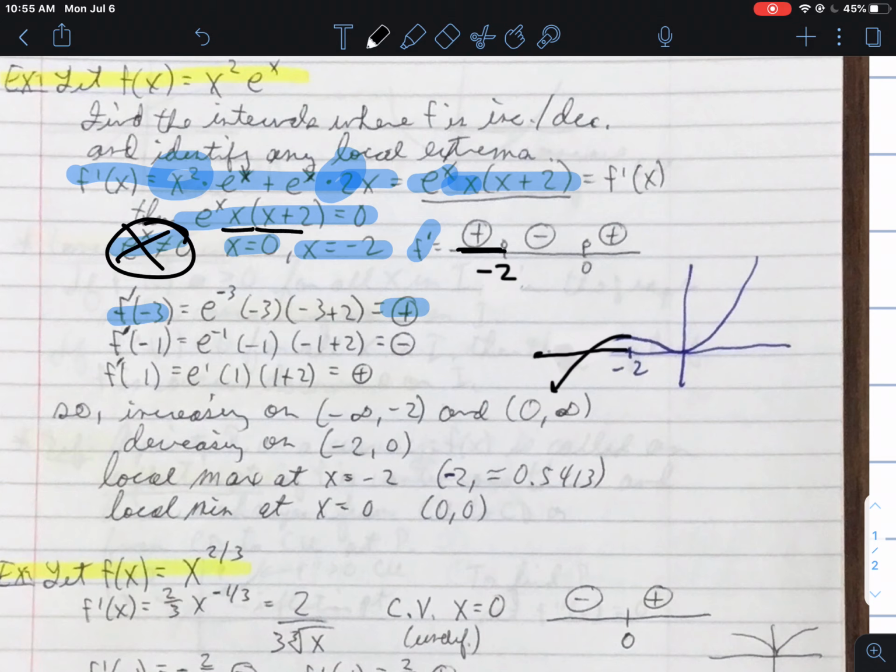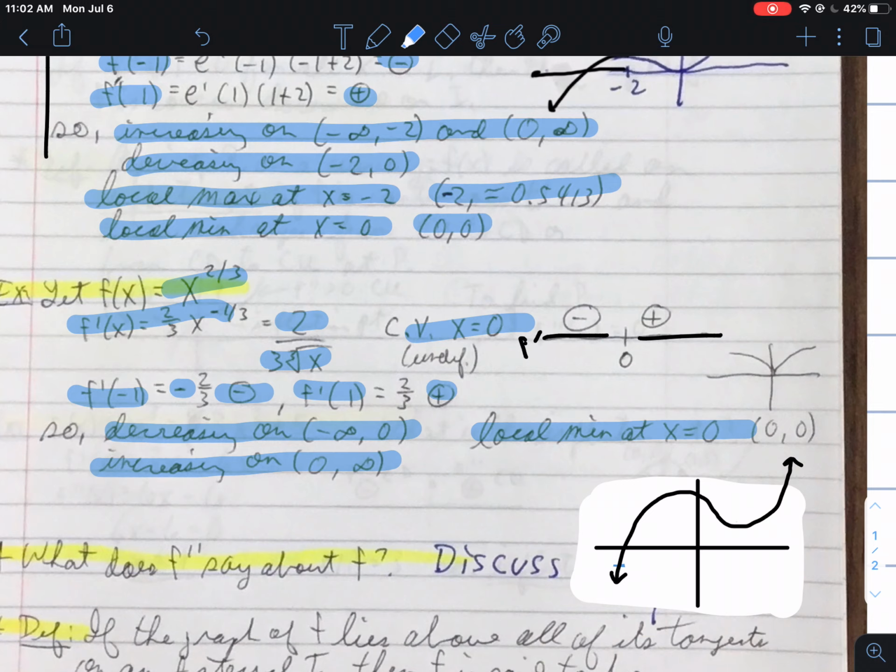Because we are changing from negative to positive at 0 with respect to our first derivative, going from decreasing to increasing, we know then that there is a local minimum at the point where x equals 0. Which, if you plug that back into the function, gives you 0, so it's at the origin.